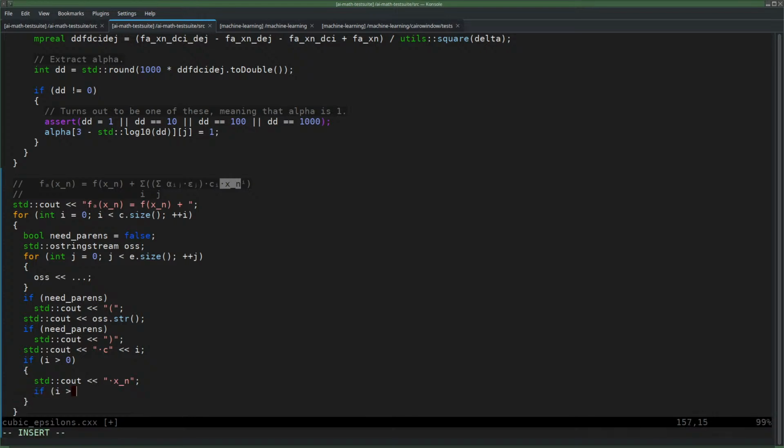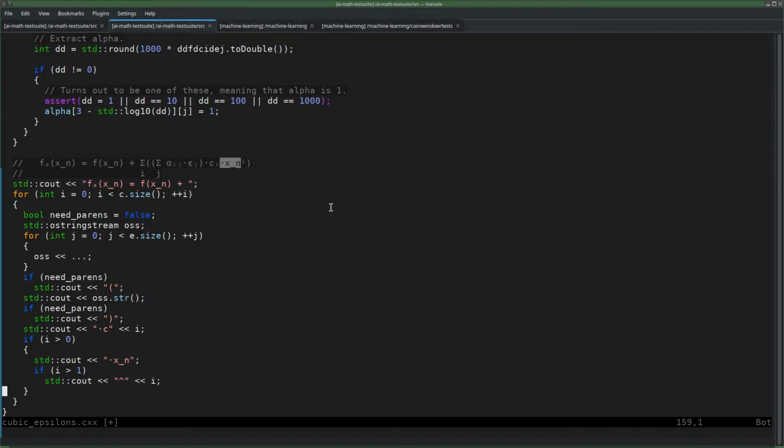And if i is larger than 1, we even print the power of i, to the power of i. So now we printed all of this. I think so, yeah. Didn't we? Where's my i then? Okay, now we get to the end of the i loop. So I guess here, if i is less than the size of C minus 1, we get a new term, in which case we need a plus.